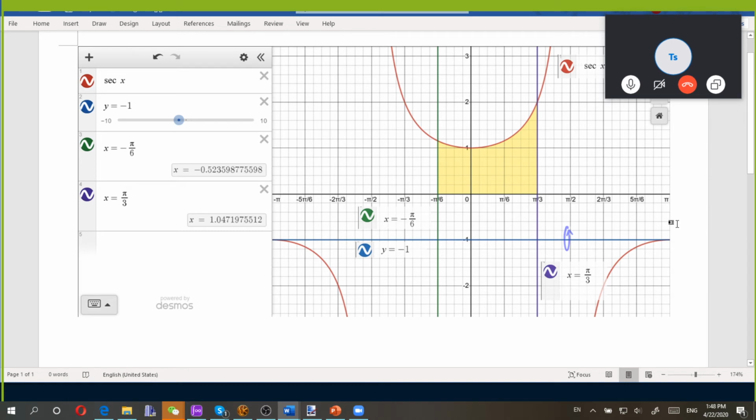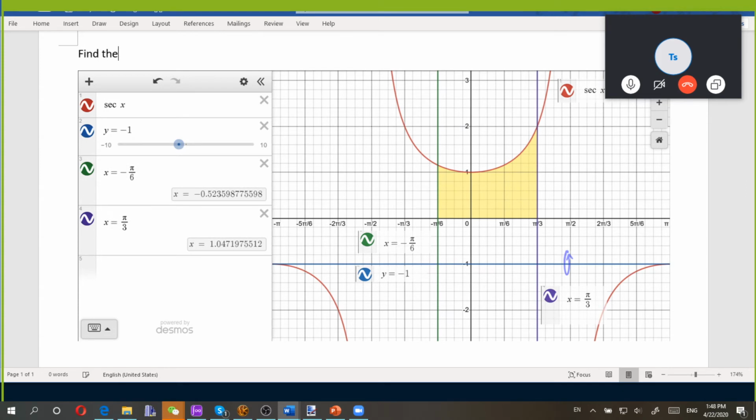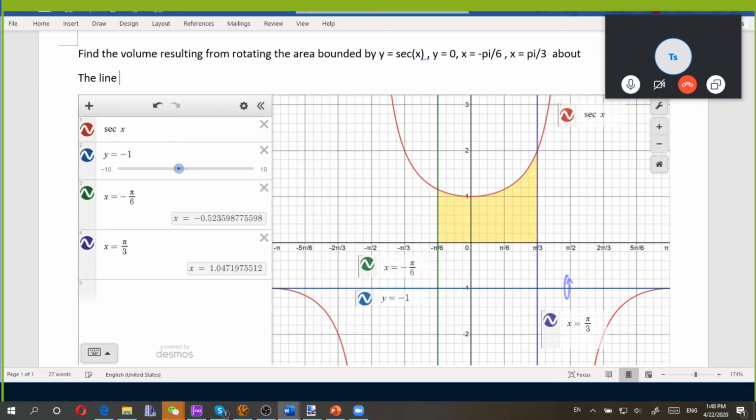So I've got a picture here from Desmos. And I want to find the volume from rotating the area bounded by y equals secant x, y equals 0, x equals negative pi over 6, and x equals positive pi over 3, about the line y equals negative 1.